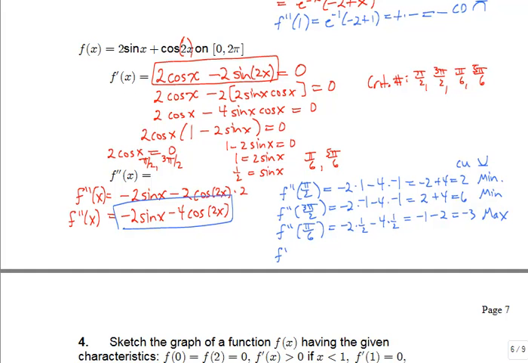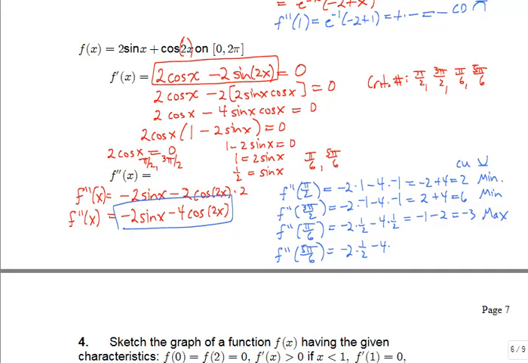And finally, if I plug in 5 pi over 6, we're going to get minus 2 times positive 1/2 again, minus 4 times cosine of 5 pi over 3. 5 pi over 3 is in quadrant 4. I had to think about that for a moment.